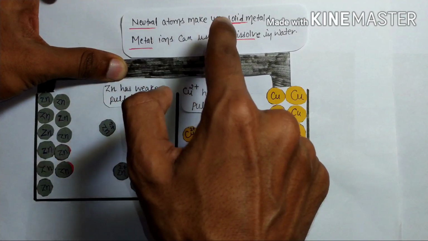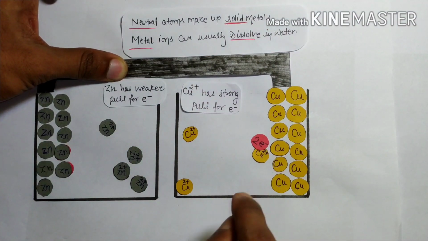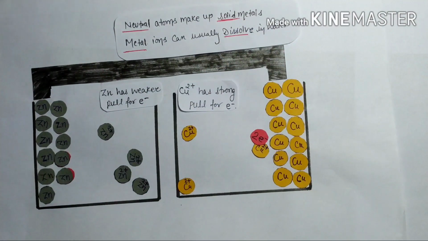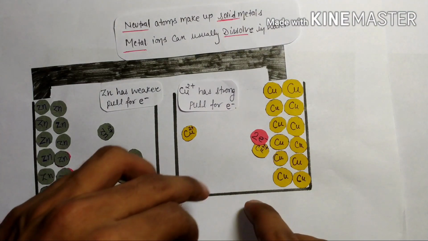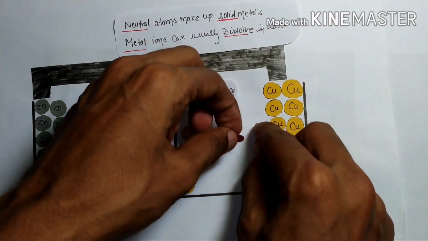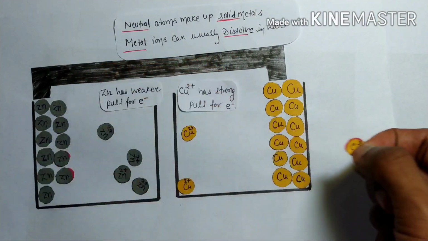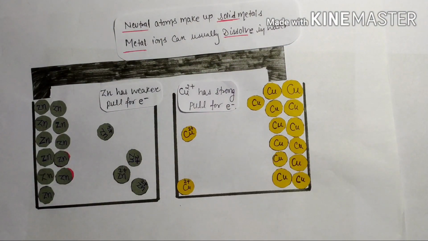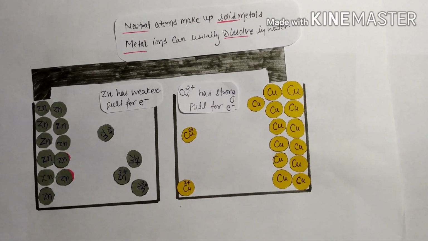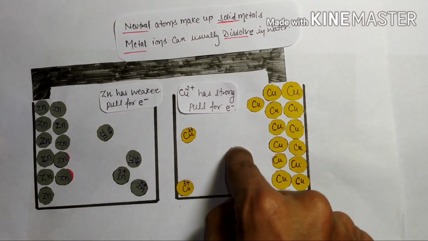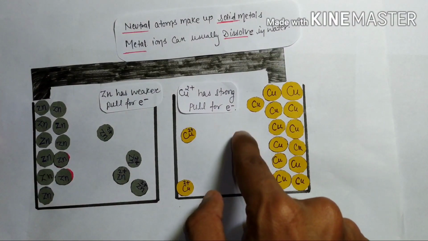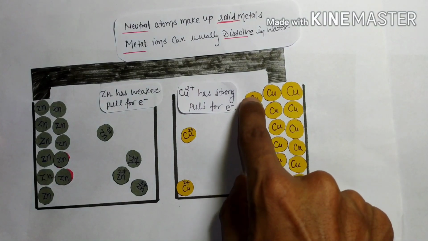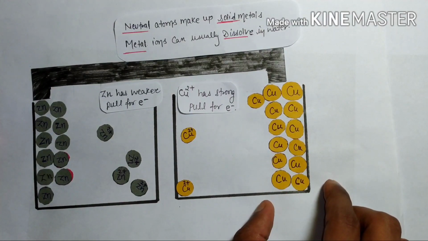We know that neutral atoms make up solid metals, so this Cu2+ takes the electrons and becomes Cu, a solid. Here the Cu2+ has taken the 2 electrons and become Cu, and this Cu gets deposited on the copper metal piece.